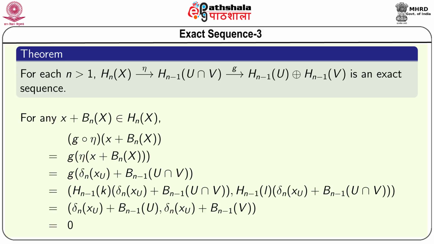Finally, we establish the last exact sequence that maps H_n(X) to H_{n-1}(U ∩ V) via η and maps H_{n-1}(U ∩ V) to the direct sum H_{n-1}(U) ⊕ H_{n-1}(V) via the map G, and we shall show that this is an exact sequence.